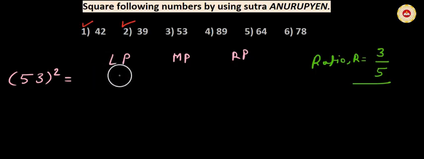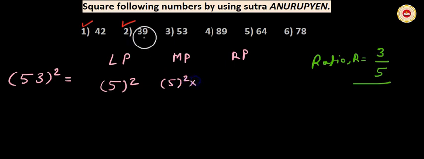What is the left part, starting from the left side? Left part is the square of the digit which is at tens place. Which is that digit? 5. So write square of 5. Okay. What is the middle part? Left part, 5 square multiplied by ratio 3 by 5. 3 by 5 means 3 upon 5 or 3 over 5.